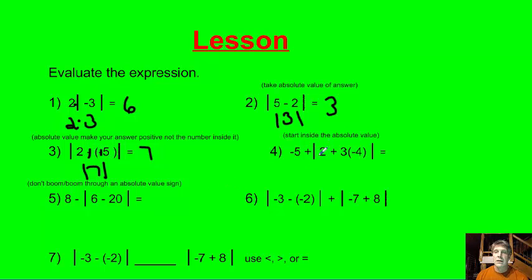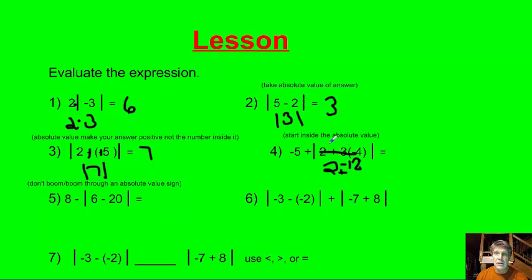All right, now what happens when I have stuff on the outside, kind of like the 2? I've got to get the stuff inside the absolute value done first, then take the absolute value, then finish out the problem with what's left. So start inside. 3 times negative 4. That's negative 12. And then I'm going to add 2 to that. So 2 plus negative 12 gives me negative 10.